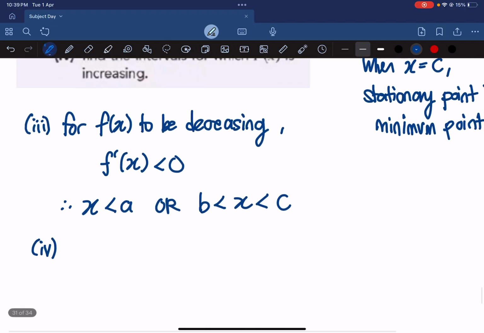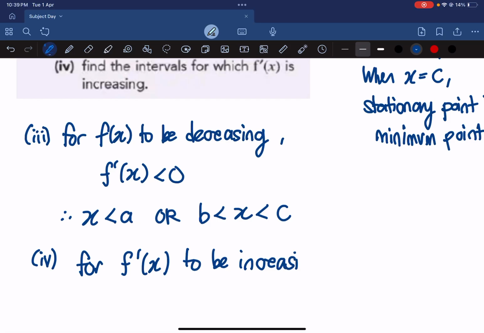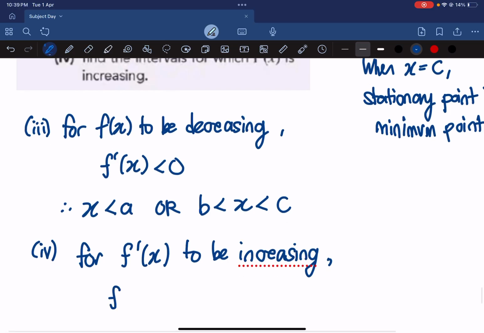And then the next part becomes a bit more challenging, but the concept is still the same. For f prime x to be increasing, same concept. Now instead of f(x), it becomes f prime x. For my f prime x to be increasing, the gradient function of f prime x should be more than 0.